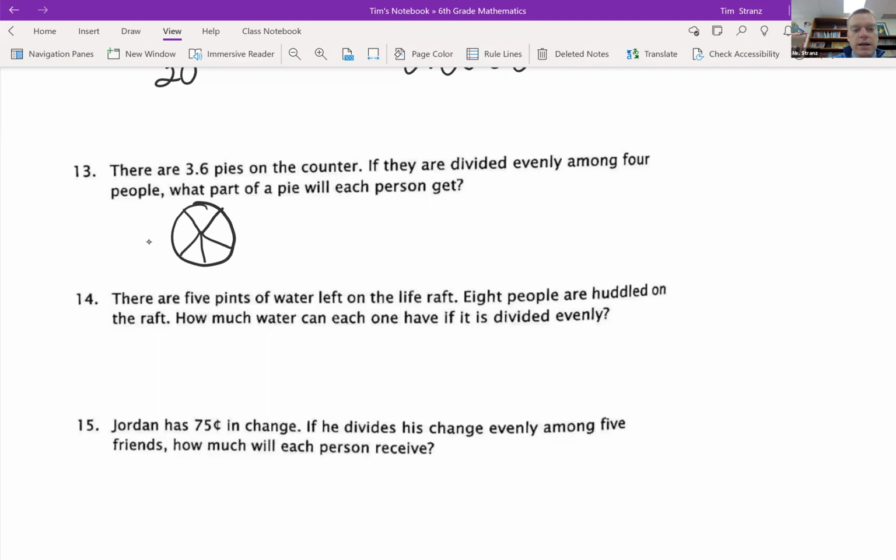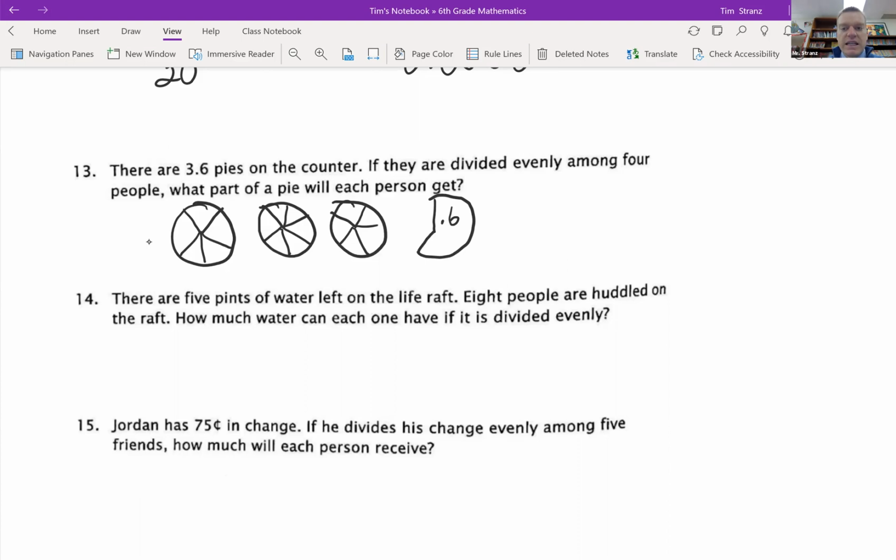That's 1 pie, 2 pies, 3 pies, and then a sixth of a pie is going to be a little bit more than a half. So bear with me, my drawing skills are the worst. Sure, we're going to pretend this is a sixth of a pie.